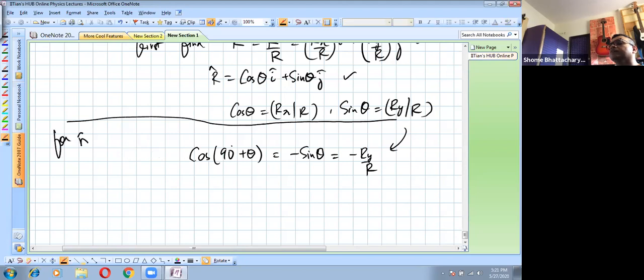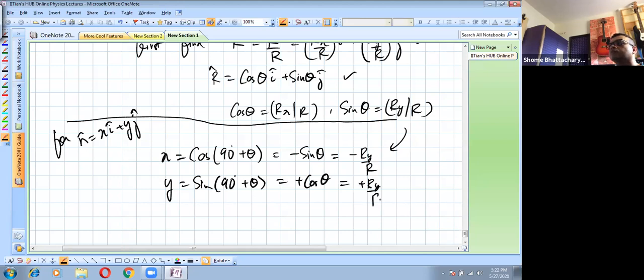For the vector n cap, it has some x component and some y component. The x component will become just cos of the angle with the x-axis, because the magnitude of this is, remember, 1. Whereas the y component will be sine of this angle, which will become plus cos theta, which is plus rx by r. So what is my vector n cap?